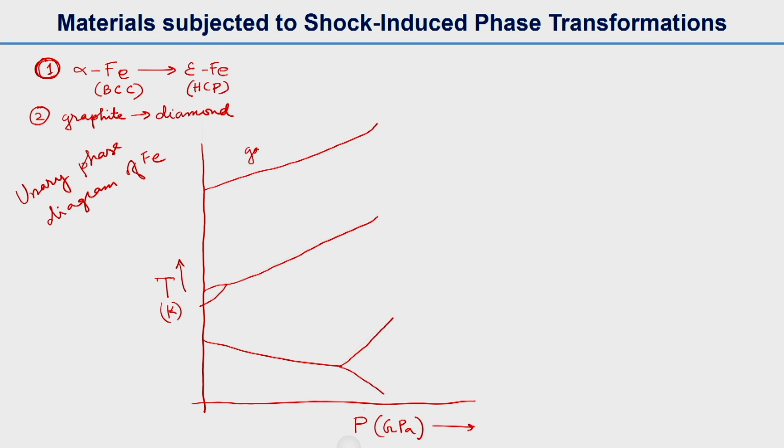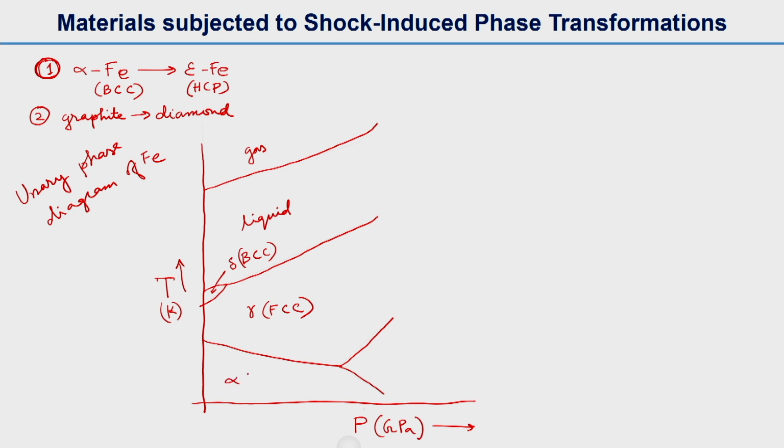So this is the gaseous phase, this is the liquid phase, and in this small region is the delta phase, delta iron, which is BCC, and this area is the gamma phase, gamma iron, that is FCC.